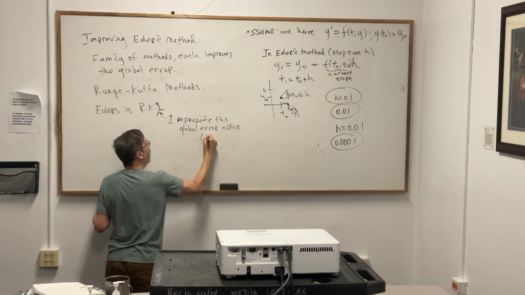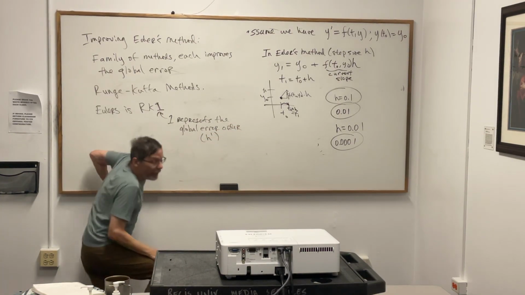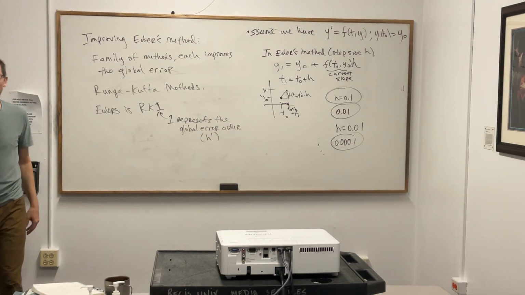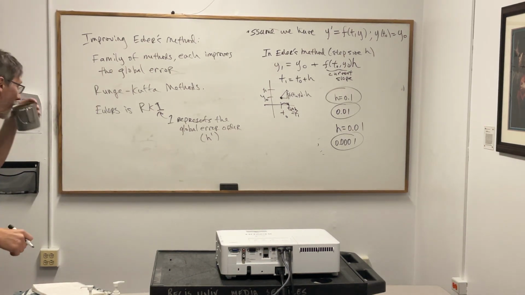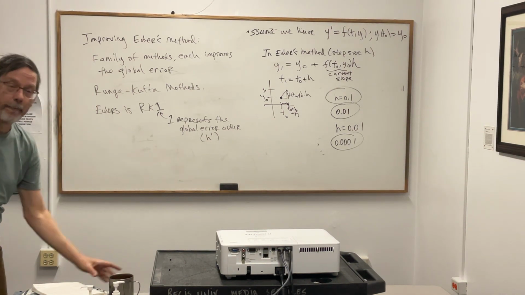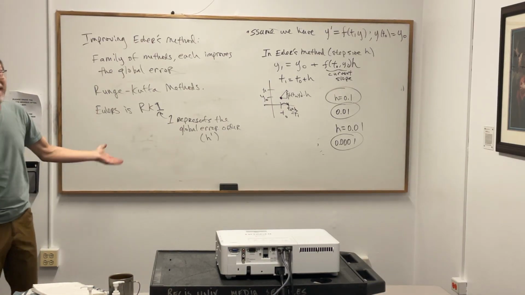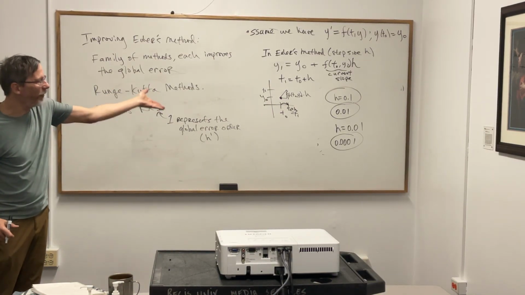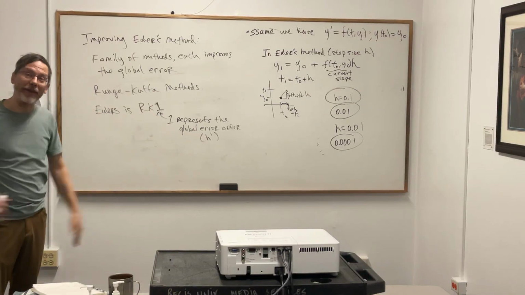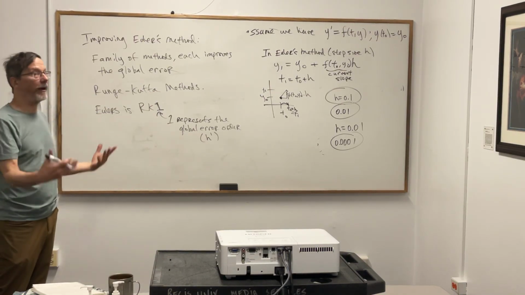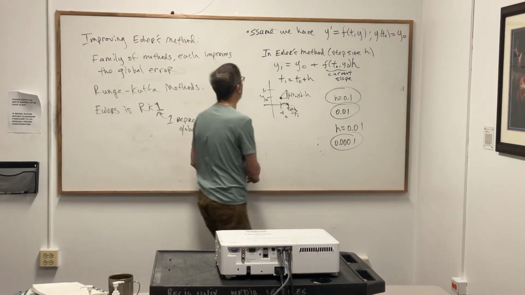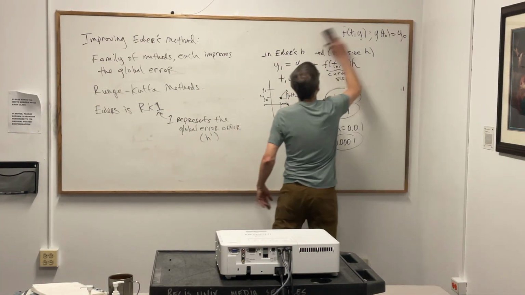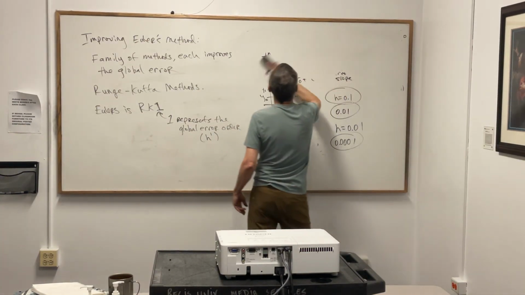So h to the 1, we just talked about. So let's talk about RK2. How do we actually get the h squared error on the global process? After I've done n steps, how can I be assured that we've done better than Euler's is going to do for us? And it's a pretty cool idea.